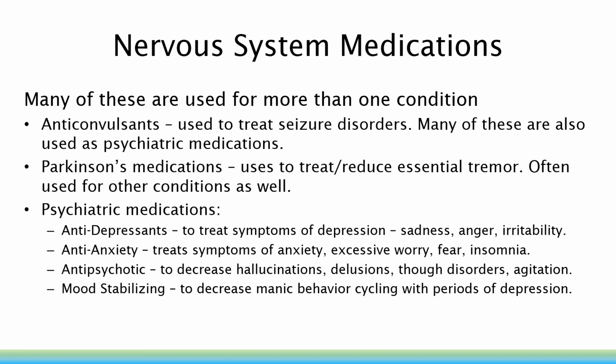Always learn why the client is taking a medication so you will be aware of what symptoms to alert for. Some of these medications, especially the ones for anxiety, can be habit forming. Side effects of seizure or mental health medications can be dangerous.